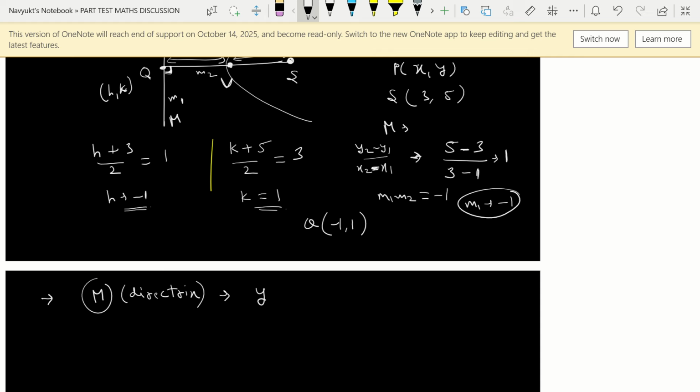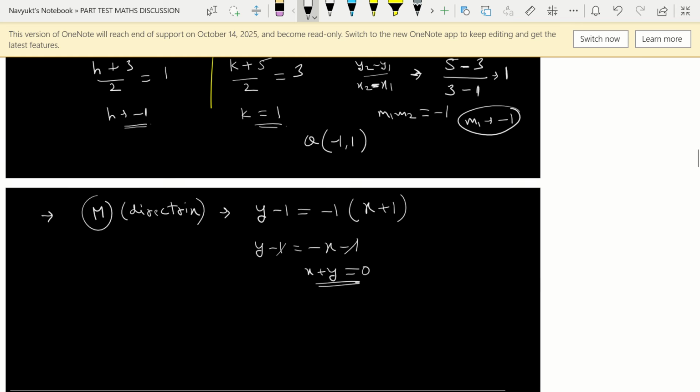Minus 1 comma 1. Correct. So y minus 1 equals the slope, which is minus 1, times x minus x1, which is minus 1. So x plus 1. So y minus 1 equals minus x minus 1, which is gone. So the equation of this directrix we have gotten is x plus y equals 0, right?